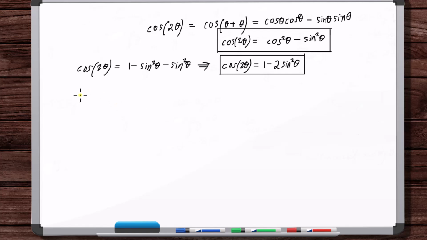And then you could substitute 1 minus cosine squared theta for sine squared theta.